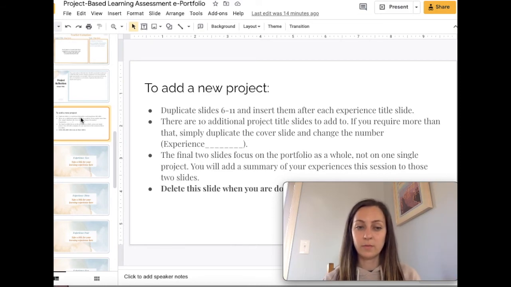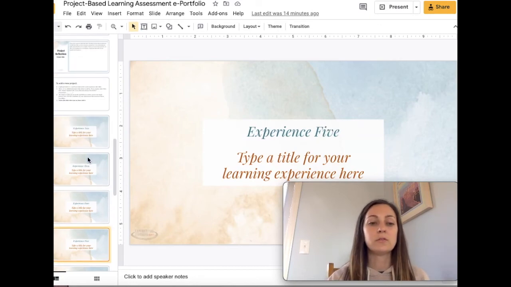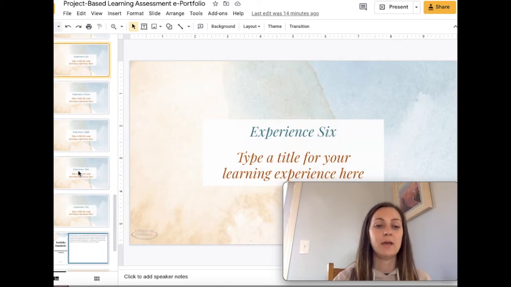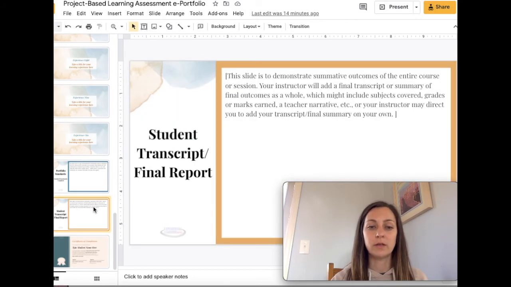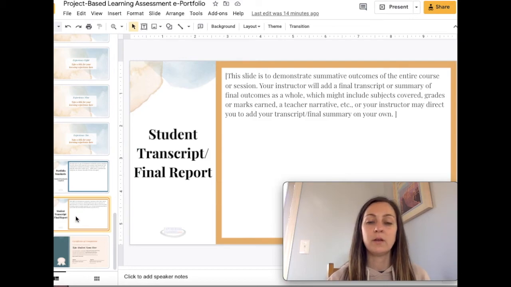And when they're completed with that, they do another one, and another one, and another one. So students go through the course of the session or the year, adding their outcomes for every project-based learning experience. Then at the end of the session, so a school year or a semester or whatever it is, they can put in cumulative outcomes. So this is a summary of the whole year, of the whole session.